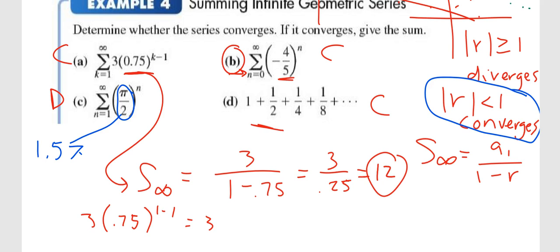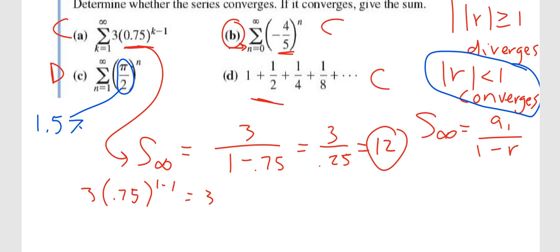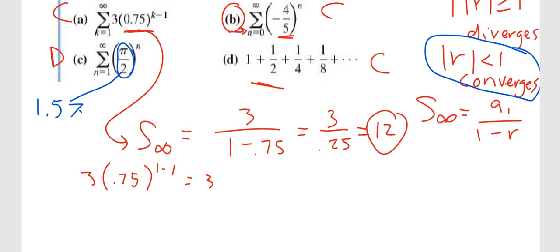Okay, in the previous video, we did the formula for letter A. So let's do B and D. Okay, so here we go. We got letter B here. You can ask yourself this question: is the absolute value of -4/5 less than 1?